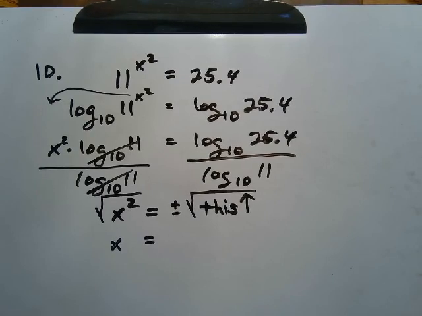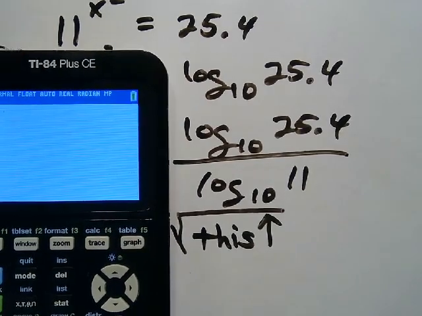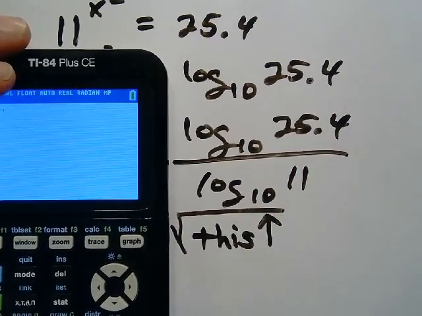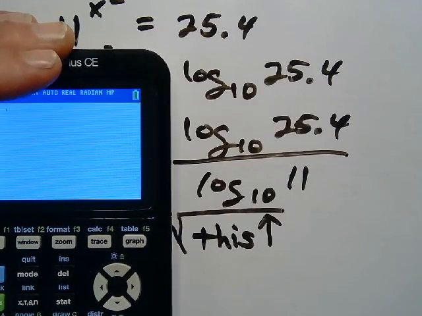Let's take a look at this on the calculator. I want you to notice that I'm not going to round in the middle of the problem. If I would have found the log of this and rounded it and then took the square root, my answer would not be as accurate. So that's why I went all the way to the end, and I'm solving for x now. So here we go.